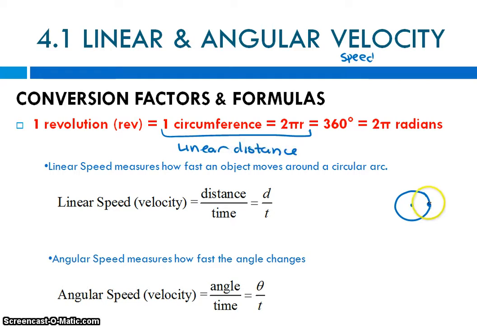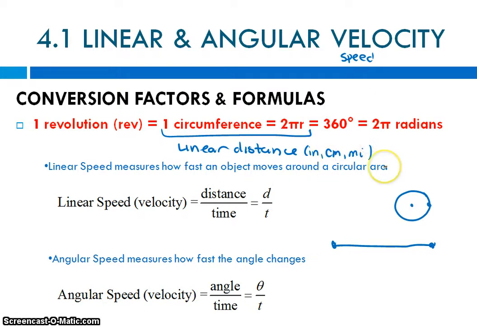Okay, so I know the circumference is the distance around, but if this was, say, a piece of cooked spaghetti and you opened it up, the circumference would just be that straight piece of spaghetti. Okay, it's a linear distance. Linear units would be things measured in inches or centimeters or miles and so on.